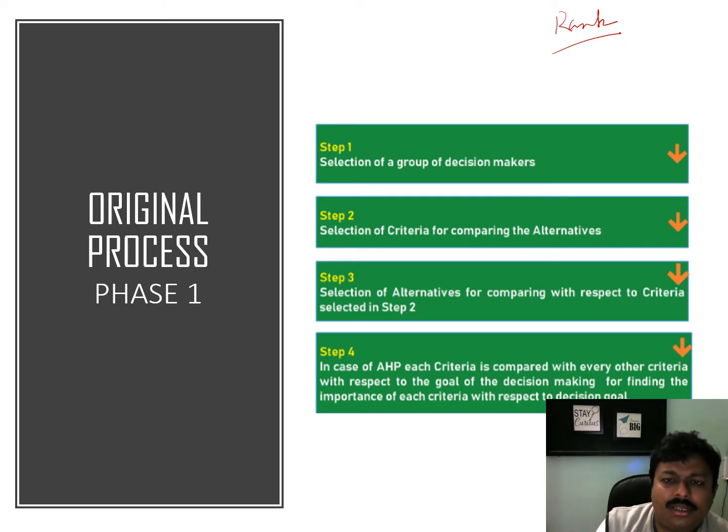So for example, let us say we want to purchase a car, and here I have the criteria cost and speed.